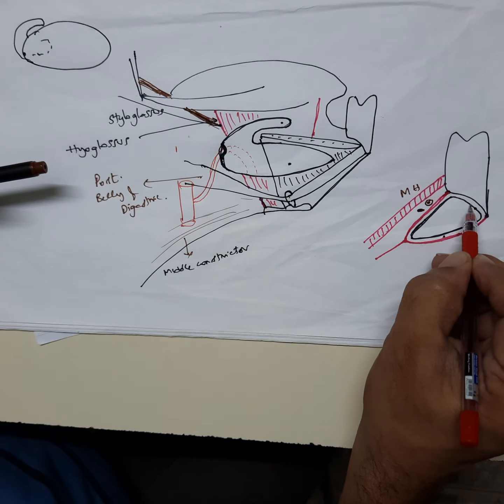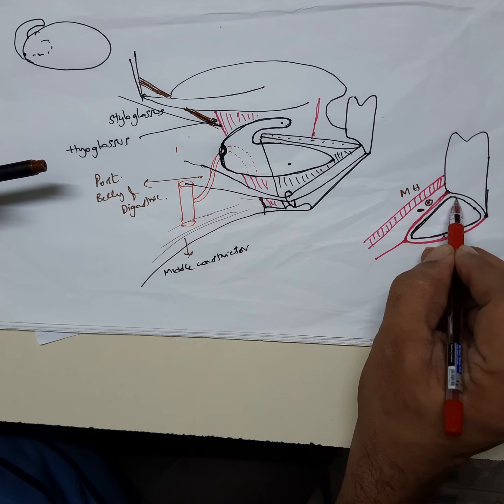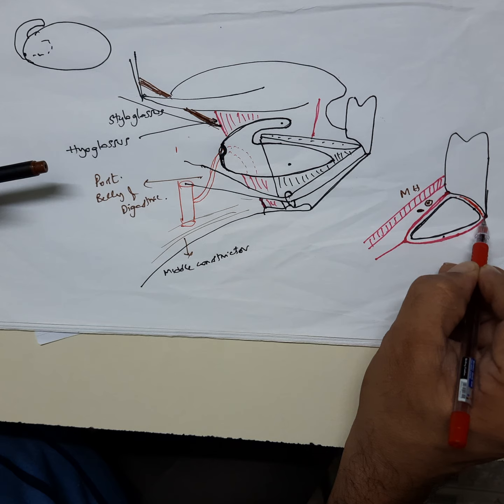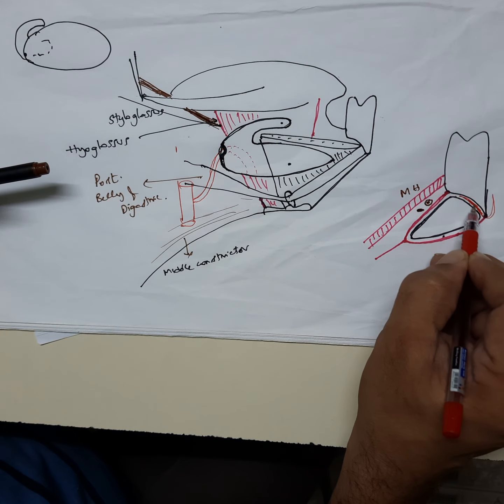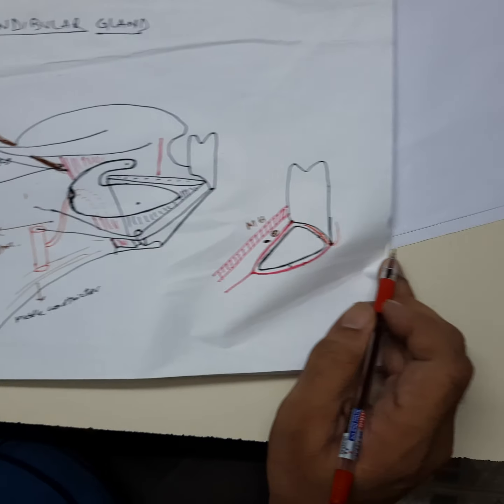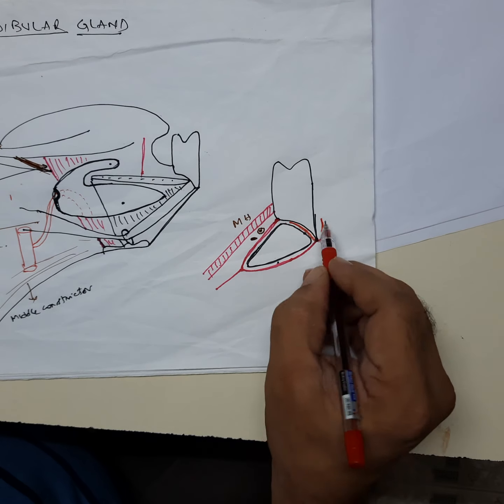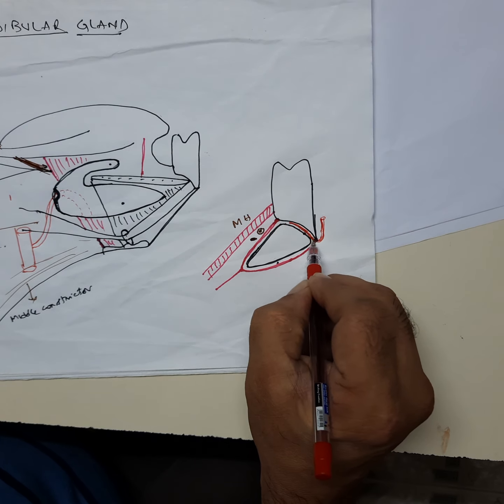After gaining this position, that artery goes down like this, then pierces the deep cervical fascia and turns onto the mandible.